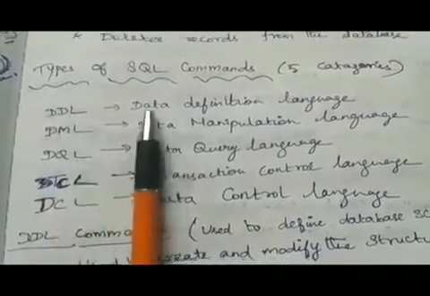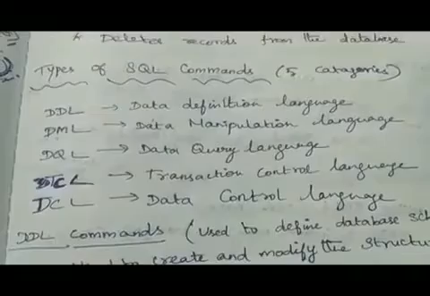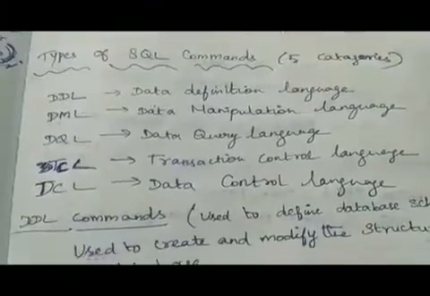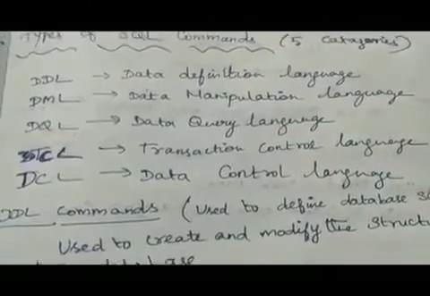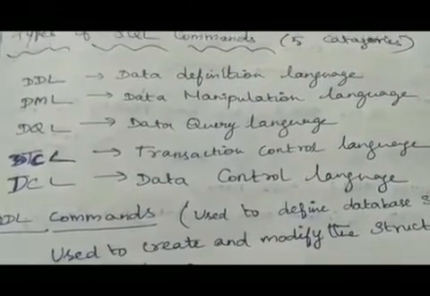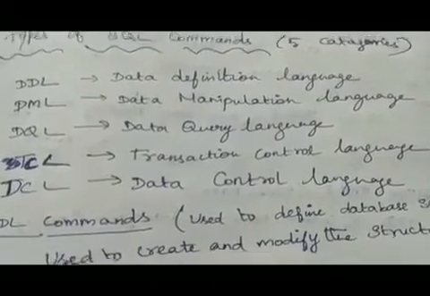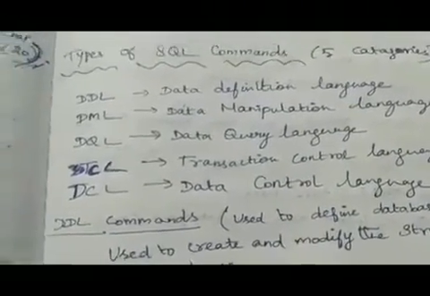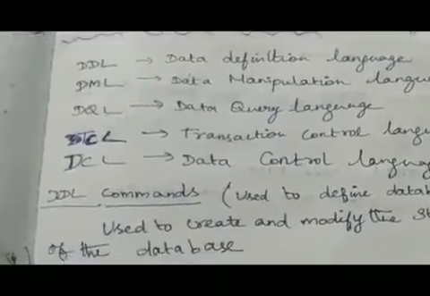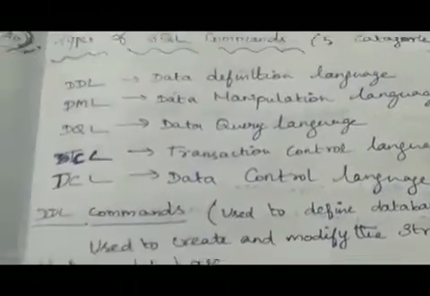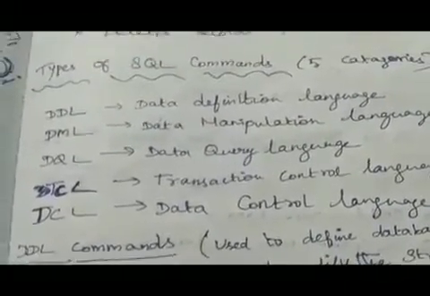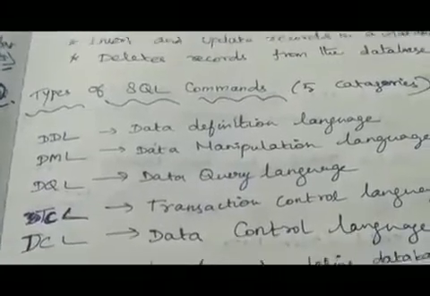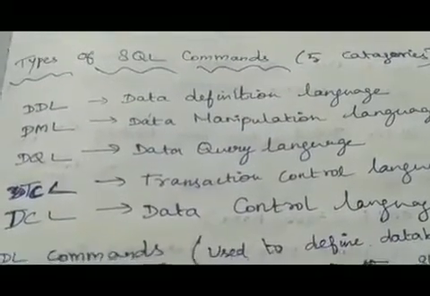What is DDL? Data definition. These are the commands used to define the data: to create a table, to delete a table, to create a column, or to change a column or a table. Those commands come into one package and are called DDL commands.